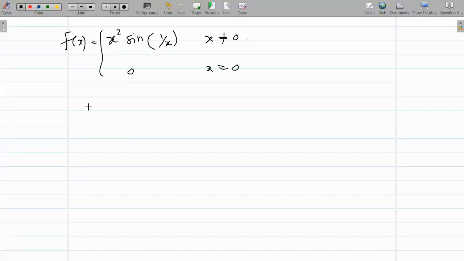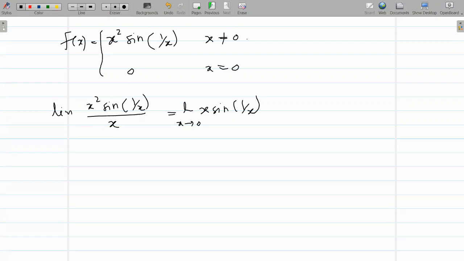Now for this, if you work out f of x minus f of 0 upon x minus 0, this turns out to be x sine 1 by x. This is the limit that I have to consider for the derivative at 0. So x sine 1 by x, limit x goes to 0. What is the answer? It is 0.